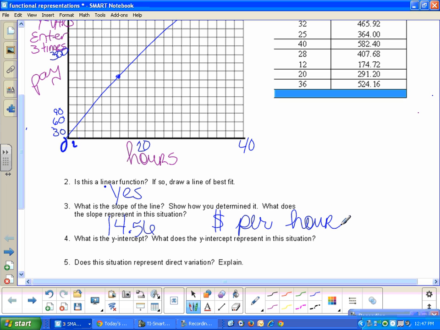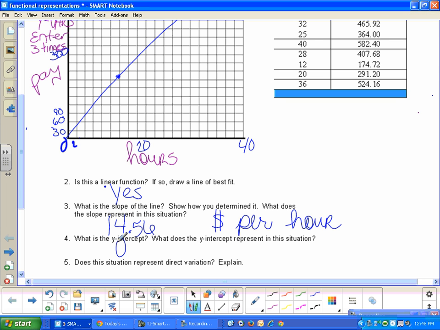What's the y-intercept? 0. What does that mean for this situation? It's starting at 0, because think about the relationship here. When x is 0, what does that mean? It's the origin. Has she worked?